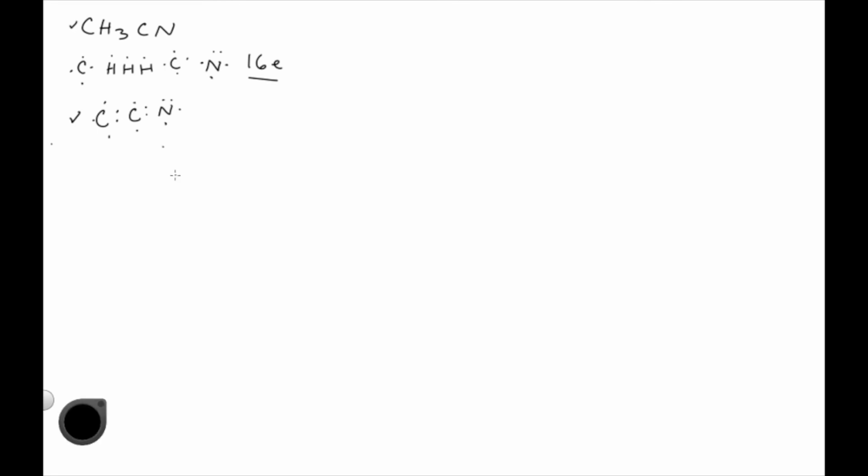So now we connect the hydrogens to our connected atoms here. We connect them first to the atom with the most unbonded electrons. So that's going to be the leftmost carbon right here, since it has 3 unbonded electrons, whereas the other 2 atoms have only 2.